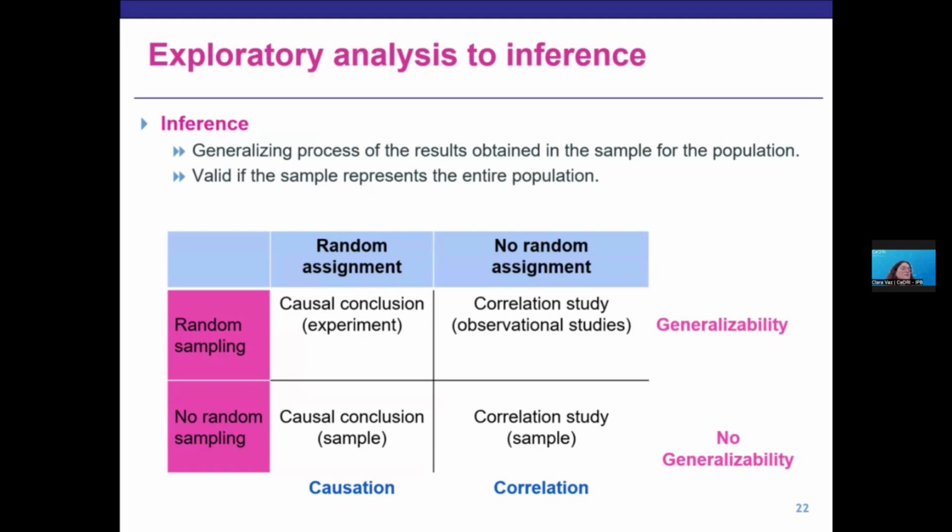So if in experiments or in observational studies the subjects are a random sample, we can use the results of the sample to generalize them to the population.